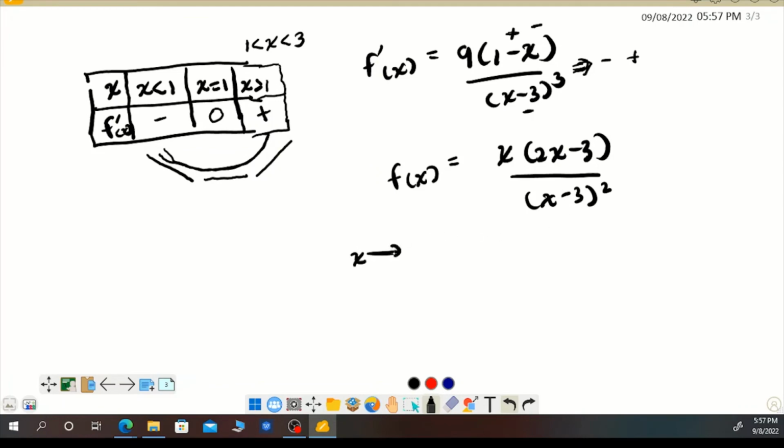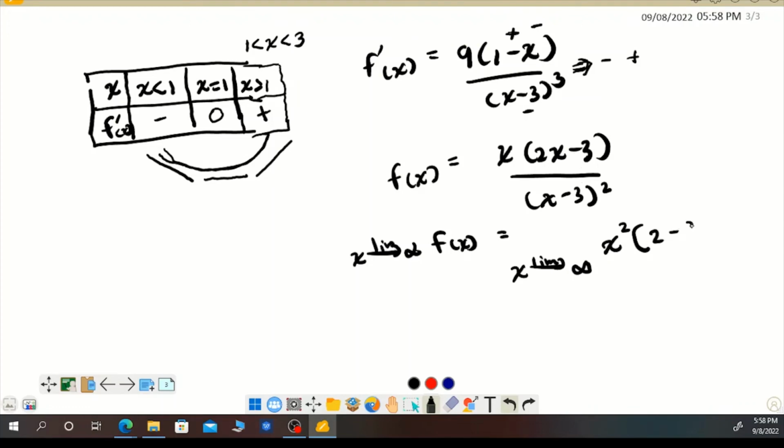To check the limit as x goes to infinity, the limit of f(x), I first have to take the maximum power of the denominator or numerator outside. The maximum power I can see in both the numerator and denominator is x squared. So I take x squared out of the numerator and denominator.